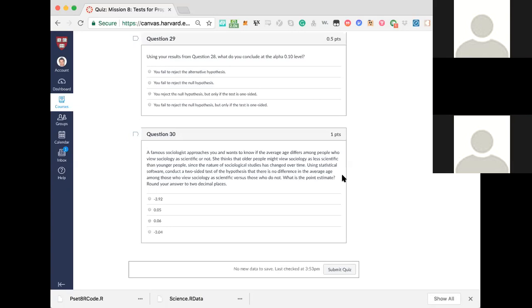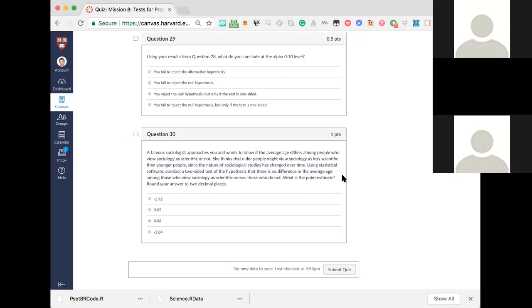So in order to do this test, we'll be running a t-test, but the best way to do that would be you can actually take the average ages of the two groups, and you can structure your hypothesis test to say that the average age in the one group, the one who views sociology as scientific, and those who do not, you can actually subtract the means of those two groups, and your null hypothesis will be that mean is equal to 0, and the alternate hypothesis would be that mean is not equal to 0.